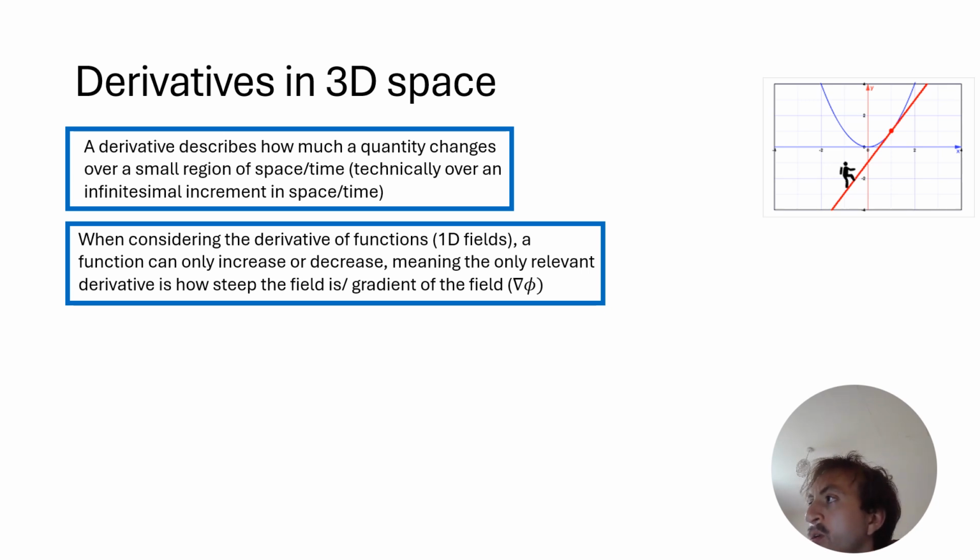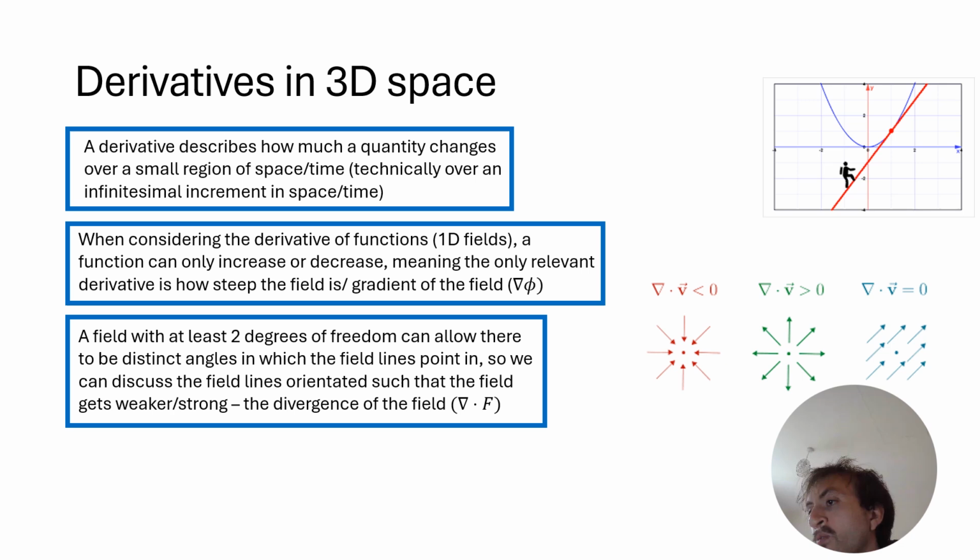So for an electric field, the output is a tuple of three numbers, so it's a three-dimensional field. And so we can start to define more exotic types of derivatives, which describe how the field changes when we change the input infinitesimally.